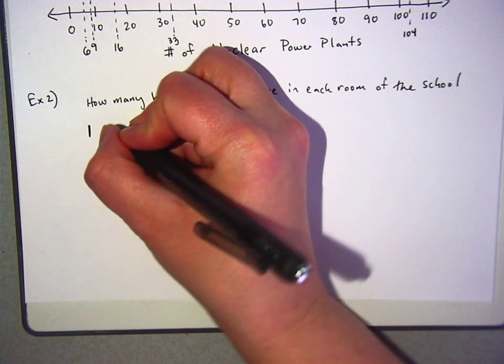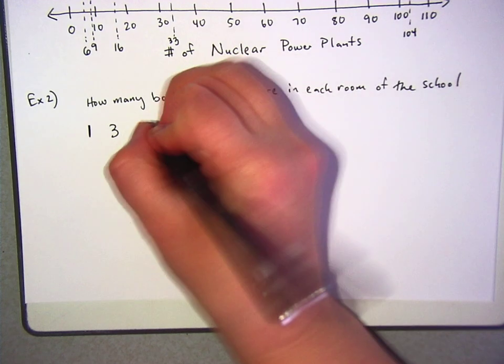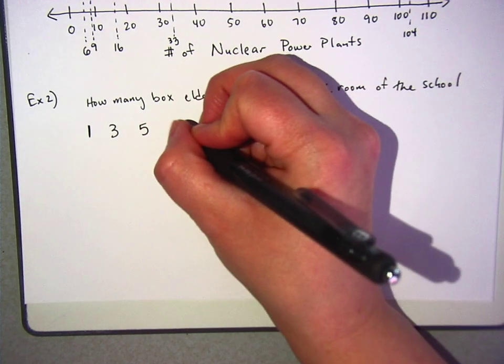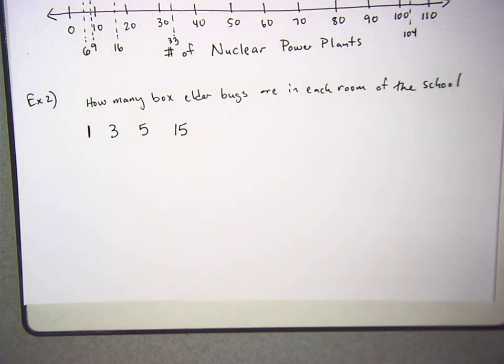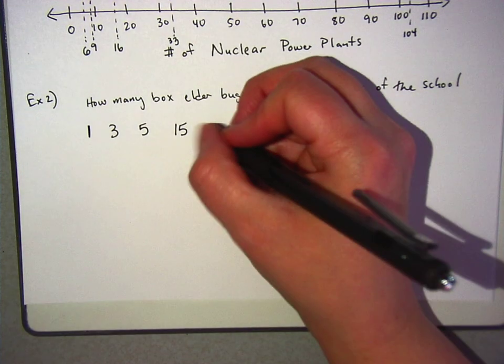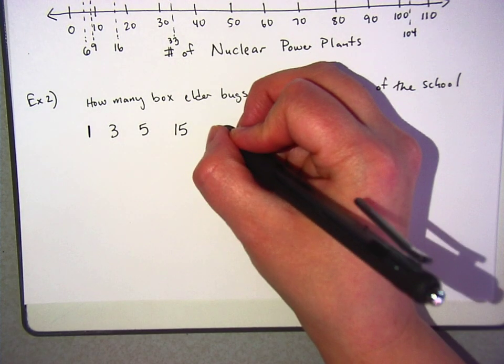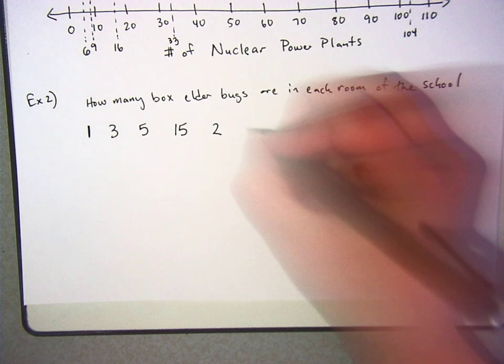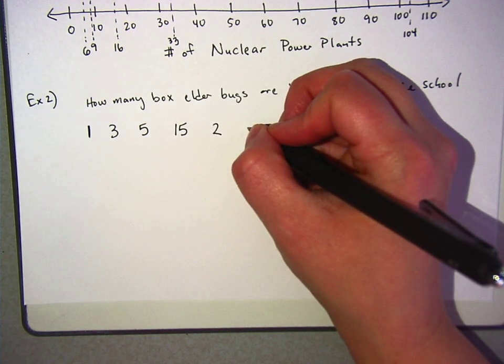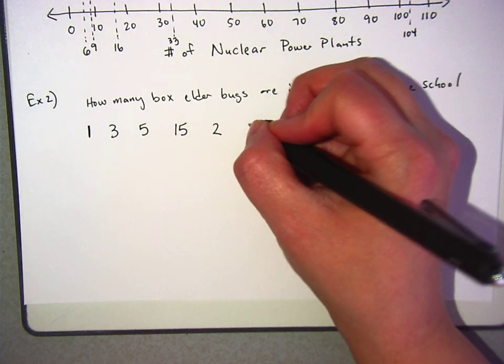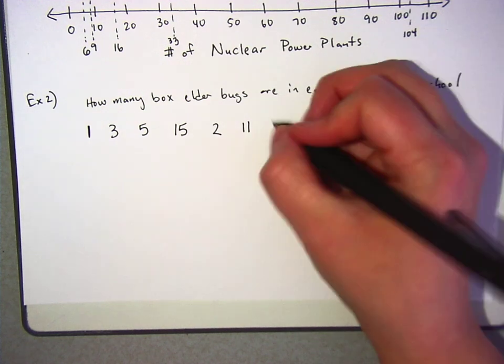In Clegg's room, let's say that there's 3. In Barrett, there can be 5. The art room has to have at least 15. Same thing with the science rooms. Actually, I would say Hernandez, probably just like 2. But definitely the biology room, that's got to have quite a few, right? So let's say like 11 in there.